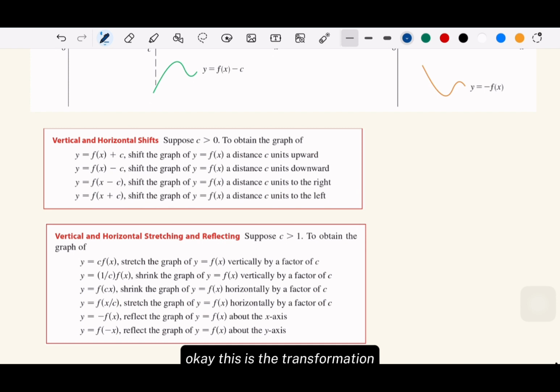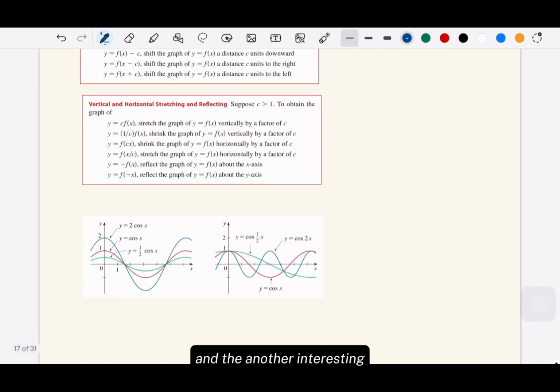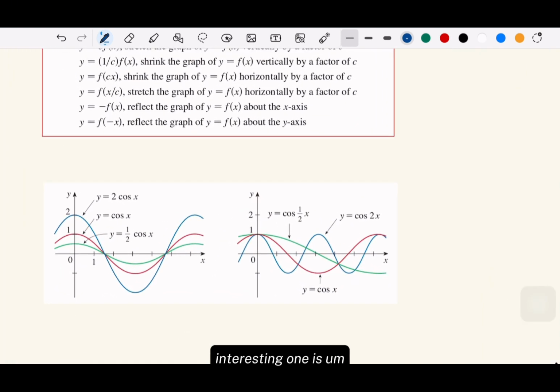Okay, this is the transformation, and another interesting one is the trigonometric. In trigonometry, we can multiply, and you can see that it's stretched by this number 2 from the cosine. But when we exchange the variable, we multiply with half with 2, we are going to see the stretch.